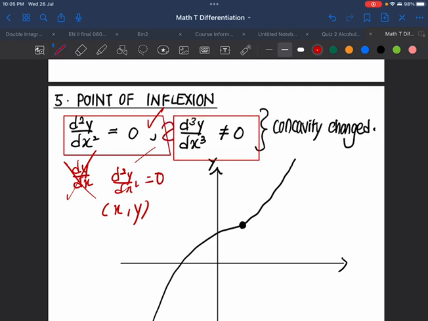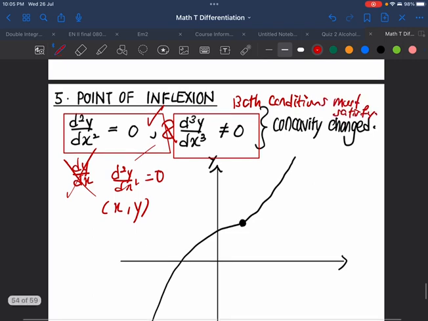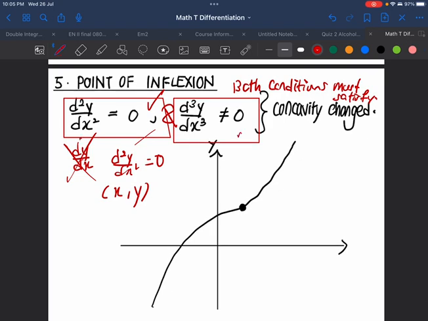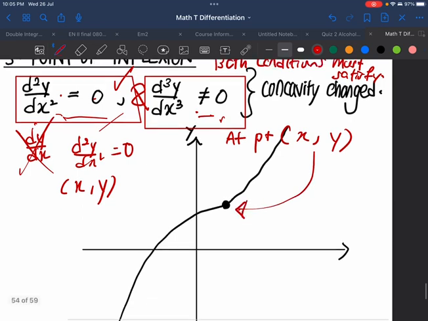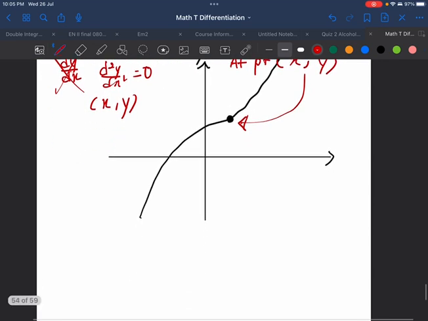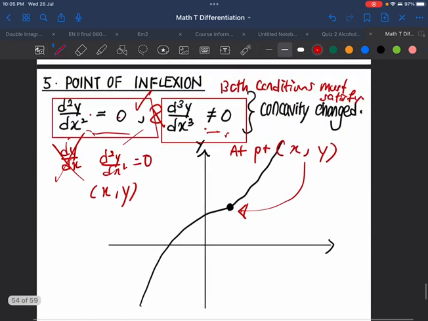So the condition is "and": both conditions must be satisfied. So if my d squared y dx squared is equal to 0, while my d cubed y dx cubed is not equal to 0, hence the point x, y is called the point of inflection. Actually, we can also notice it by dy dx. I will teach you in the example later.